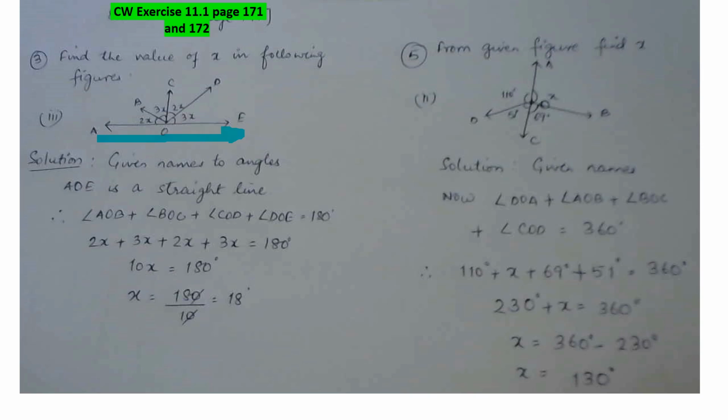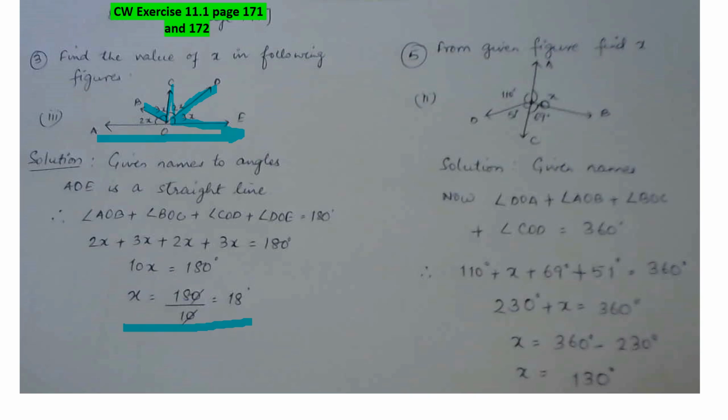So taking this as a straight angle, angle AOB plus BOC plus COD plus DOE is equal to 180 degrees. Putting all the values, you will get the value of x as 18 degrees. Clear? If it is a straight line, then whatever angles are given, just add them and equate them to 180 degrees. You will get the value of the unknown angle.